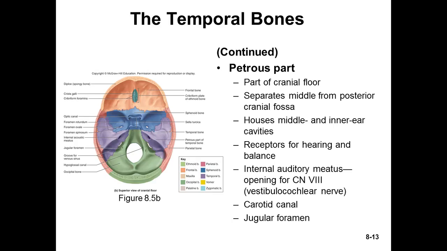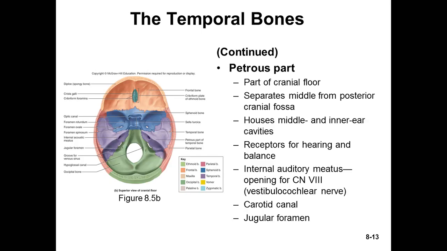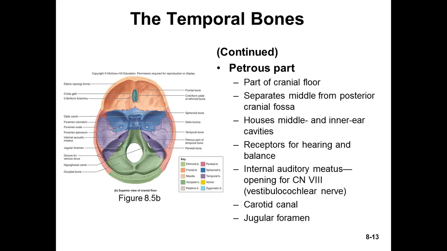Oftentimes, if you're lying on your ear on a pillow, you can hear that pulsating sound. That's the carotid artery pulsing when your ear's on the pillow. Like I said, the carotid artery passes through there. A major blood supply to the brain, it carries a huge amount of blood to the brain.